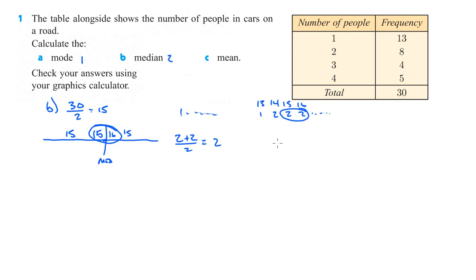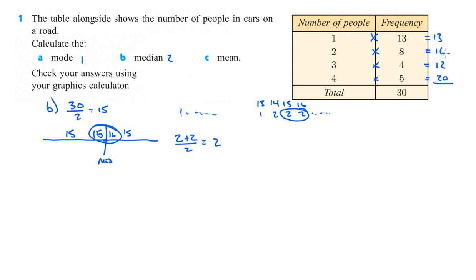Okay, now the mean. I'm going to take all of these numbers here. There's 13 ones, 8 twos, 4 threes, and 5 fours. Add them all up, divide by 30, right? So the easiest way to do that is do 1 times 13. There's 13 ones. 2 times 8 is 16. So all 8 of those 2's are going to add up to 16. All 4 of these 3's are going to add up to 12, and all 5 of those 4's are going to add up to 20.